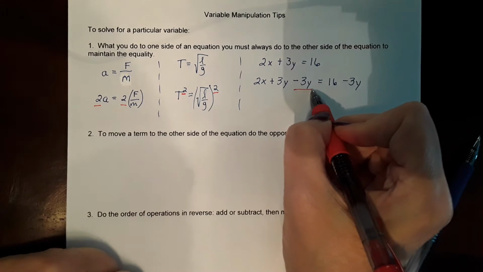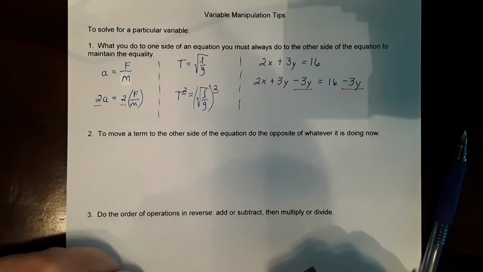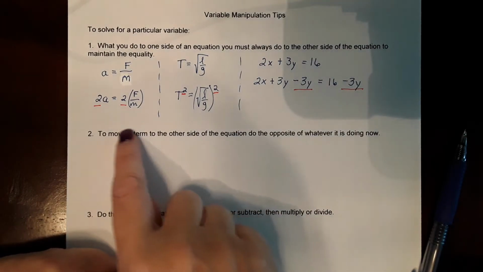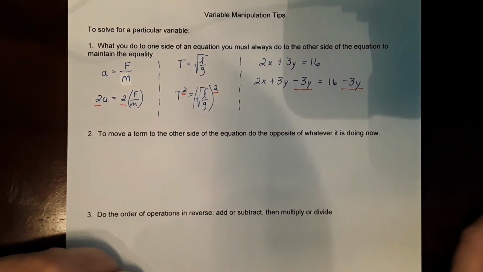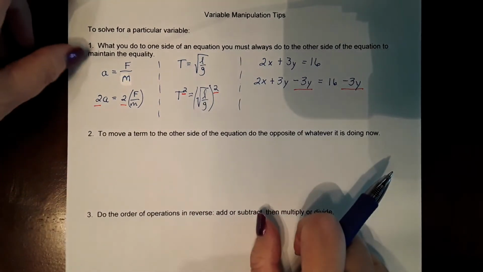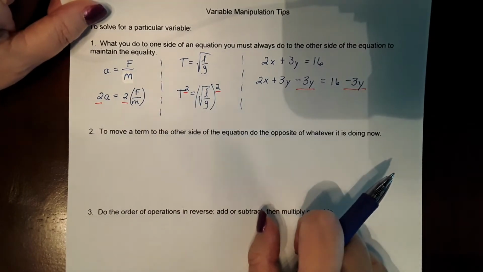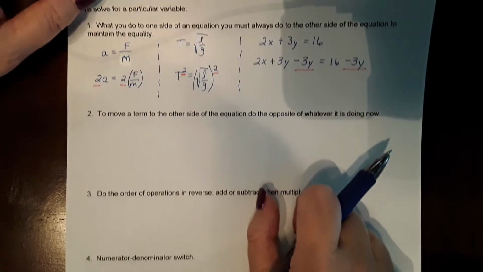So subtract it from one side, subtract it from the other, maintaining the equality of both sides. All right, so that one's pretty simple. Everybody remembers that one. I mean, that is just the first thing they teach you in Algebra 1 about equations, is what you do to one side, you have to do to the other to maintain equality.